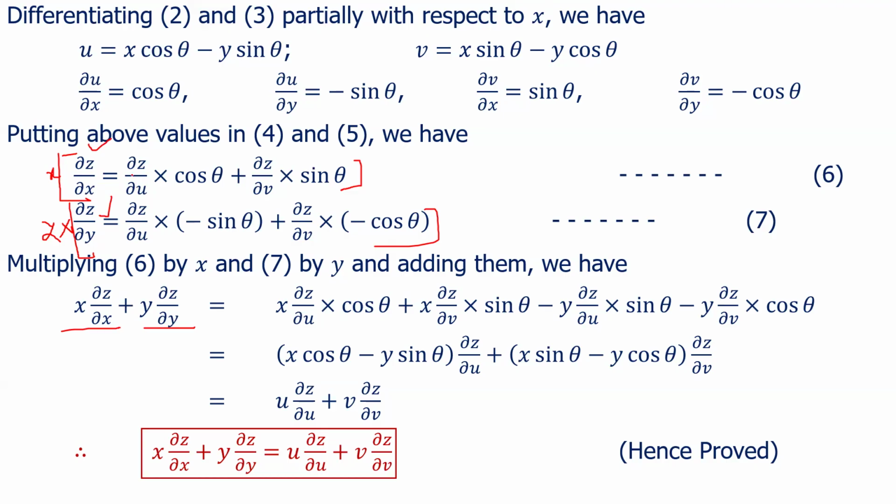Just look here: x into ∂z/∂u into cos theta plus x into ∂z/∂v into sin theta. And then we multiply this by y, giving minus y ∂z/∂u into sin theta minus y ∂z/∂v into cos theta.